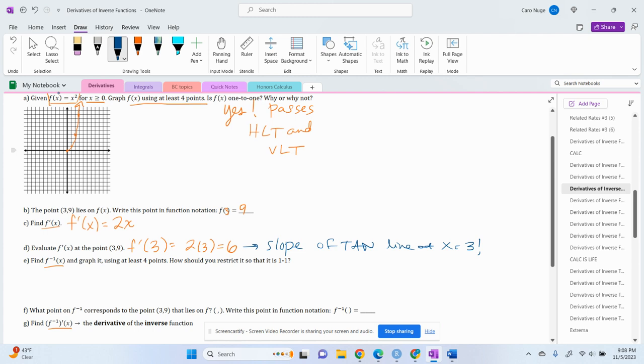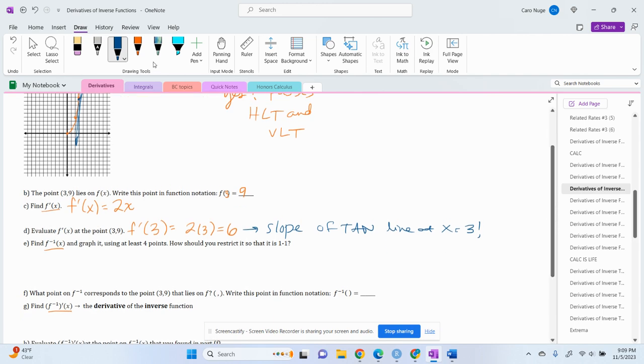So if you were to go to 3 right here, this tangent line is going to be really steep. This is not a perfect tangent line, but pretend that was a really good tangent line. You can just tell by looking at it, that's going to be very steep. It's up 6 over 1. It has a slope of 6. I'm going to stop trying to draw that now. You know what I mean.